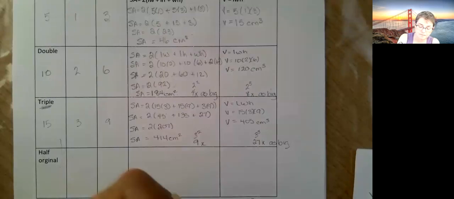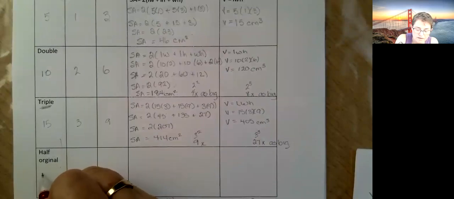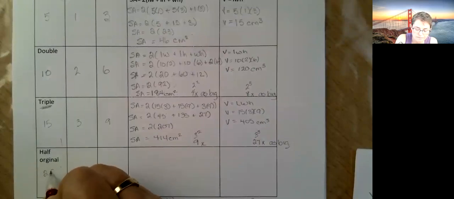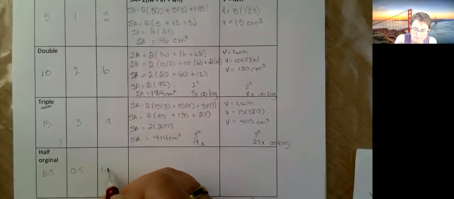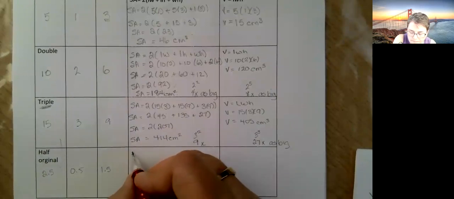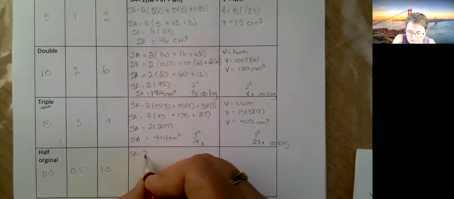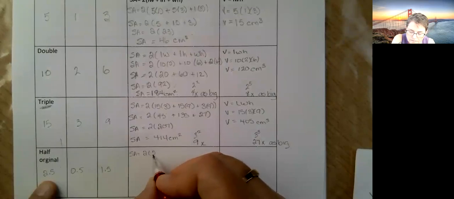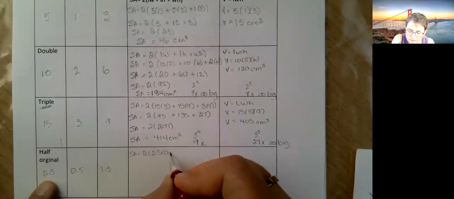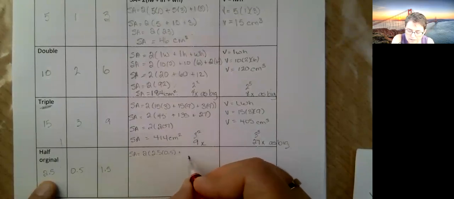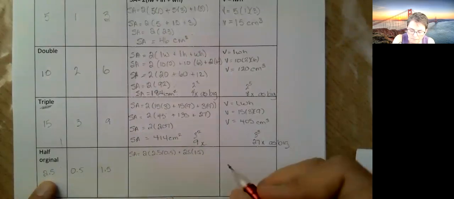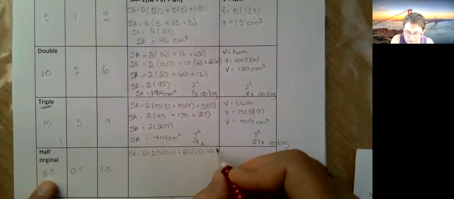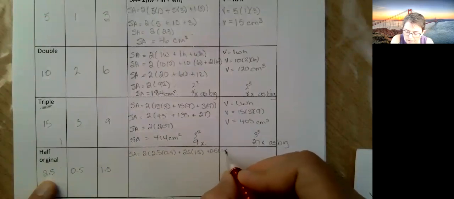Let's see. My original was 5, so this is 2.5, and 0.5, and 1.5. So surface area is equal to 2.5 times 0.5 plus 2.5 times 1.5 plus 0.5 times 1.5. So I'm just using the pattern.